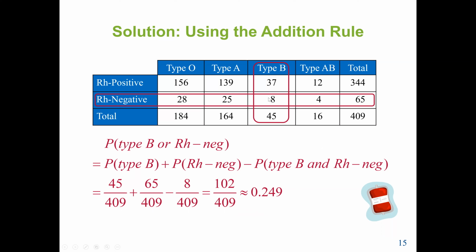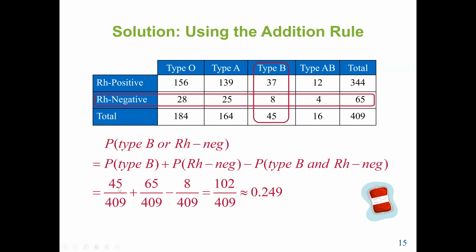And based on the table, for Rh negative and type B, we have 8. So we have to say minus 8 over 409. Then the type B total is 45, so we have 45 over 409 plus Rh negative, the total is 65, so we have 65 divided by 409.